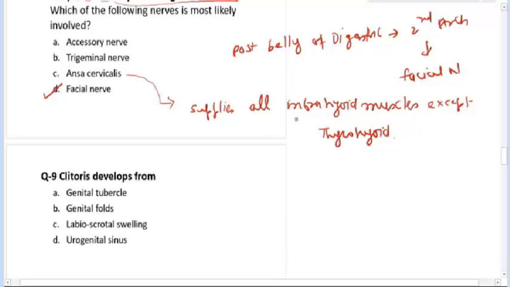What are infrahyoid muscles? You can remember by applying this mnemonic: omohyoid, sternohyoid, thyrohyoid, and sternothyroid. All are supplied by ansa except thyrohyoid.